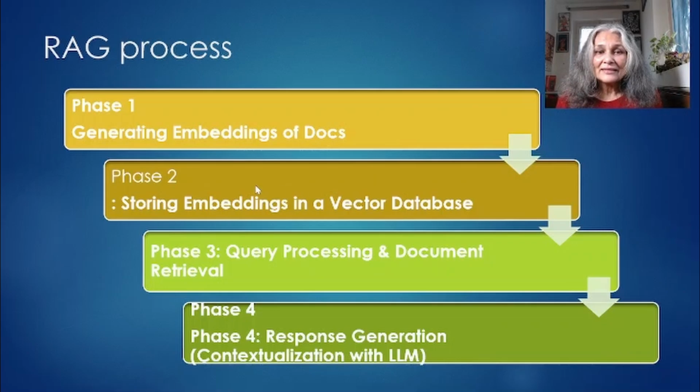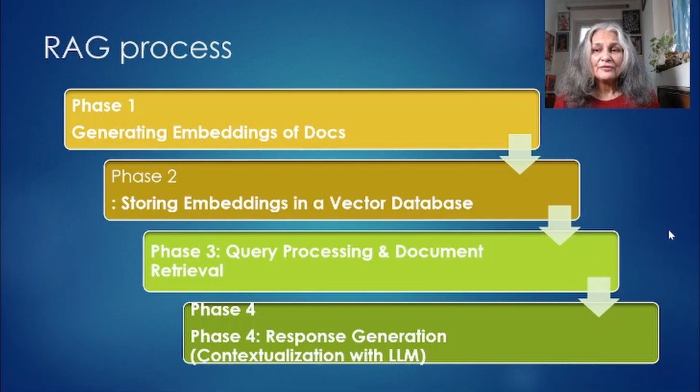The second thing is the embeddings are stored in a vector database. Again, this is a database which is optimized for being searched using cosine similarity. So again, there are various such databases available. Examples include Pinecone, Milvus, FAISS, which is from Facebook, etc. These are all examples of vector database libraries.